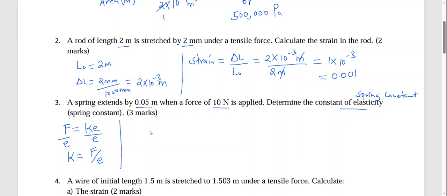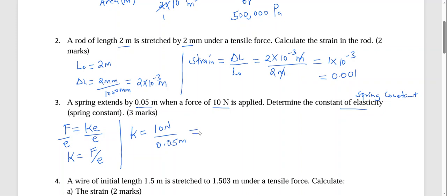Now you counter check whether they are in the SI units. Force is in Newton and the extension is in meters. Therefore, let's substitute. We will have 10 Newton all over 0.05 meters.